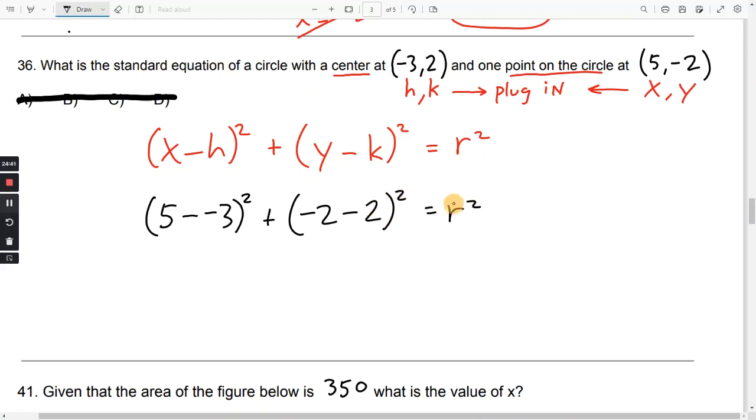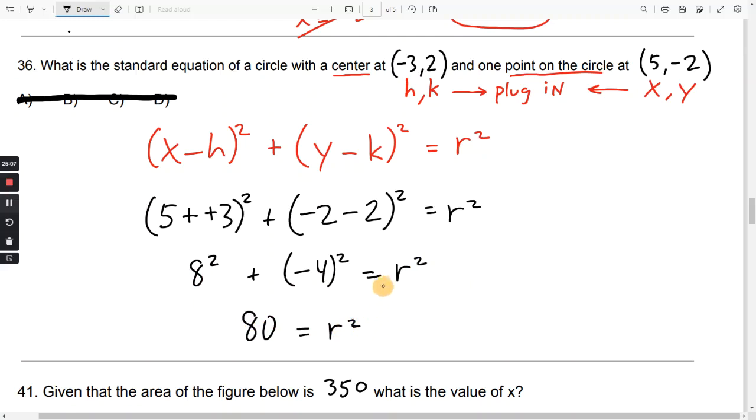And it equals r squared. Two negatives make it positive. 5 plus 3 is 8, and that's squared. Negative 2 minus 2 is negative 4, and that's squared. It equals r squared. Okay, we have 64 plus 16. That's going to be an 80. And that equals r squared.